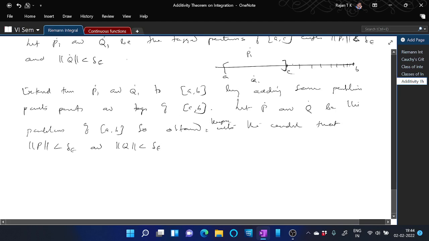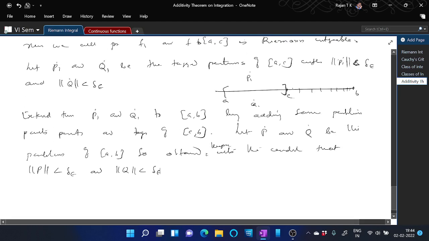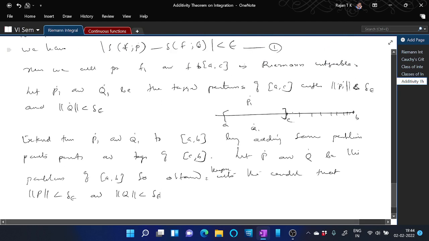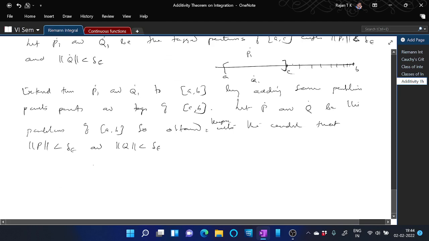Now, by the hypothesis, since F is in R[A,B], we have modulus of S_F(P) minus S_F(Q) is less than epsilon.